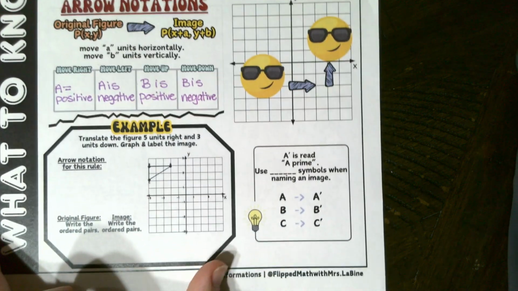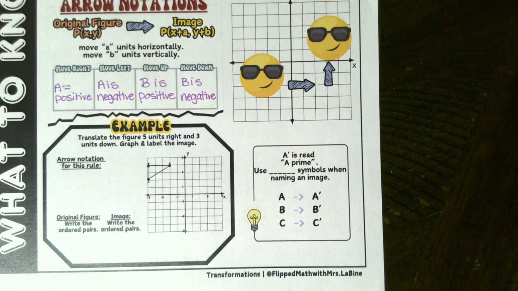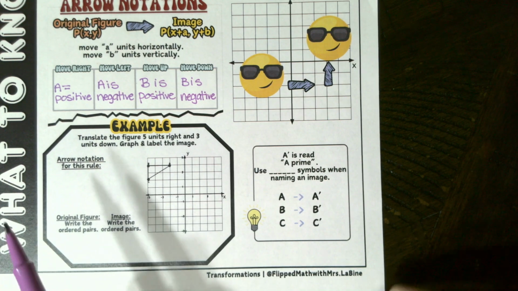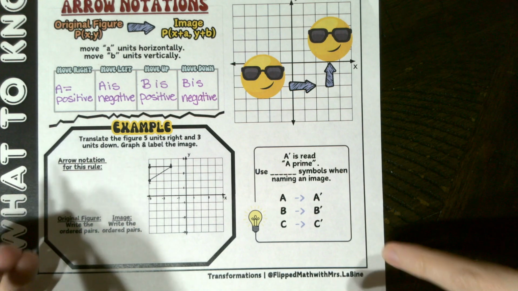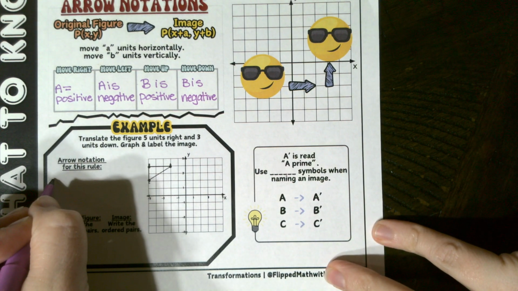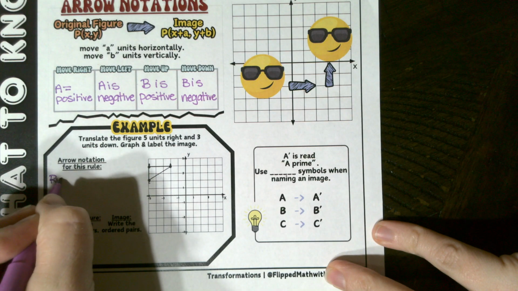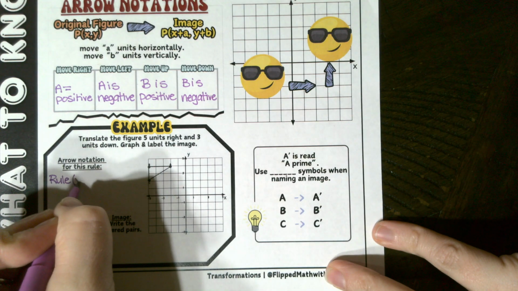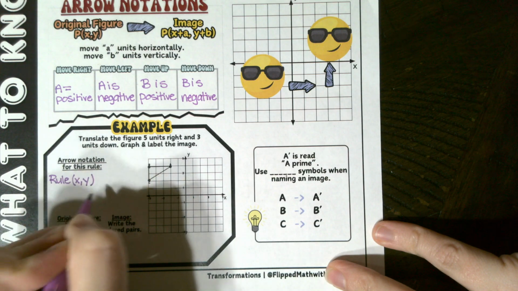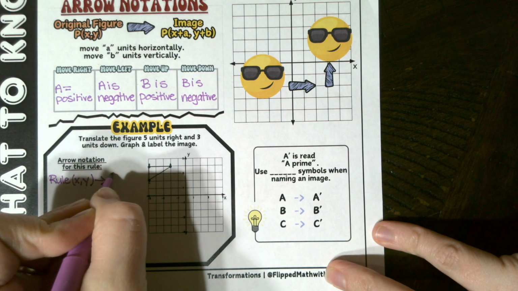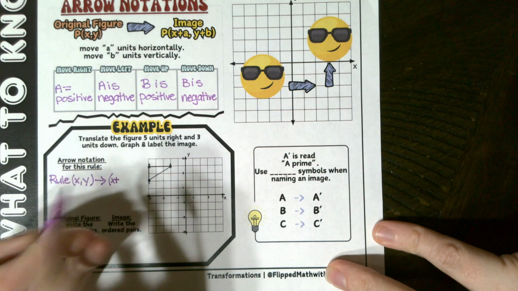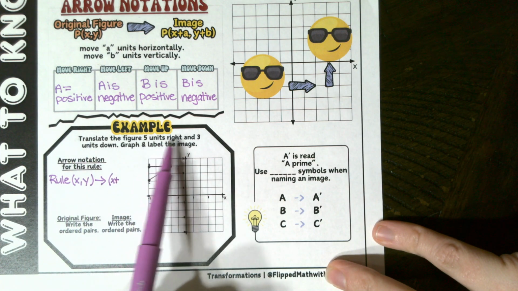Let's look at an example here. We're going to translate the figure 5 units right and 3 units down, and then graph and label the image. We're going to write the arrow notation for this rule. So first, the rule: (x, y) changes to (x plus, well, it says 5 units right.